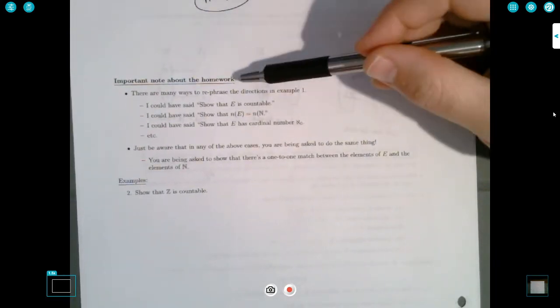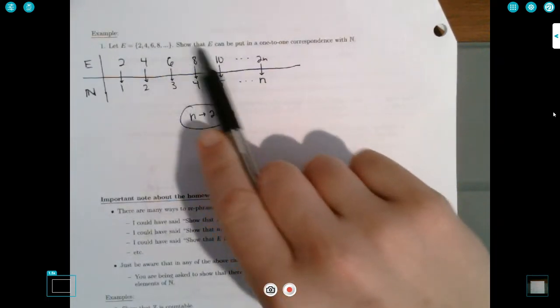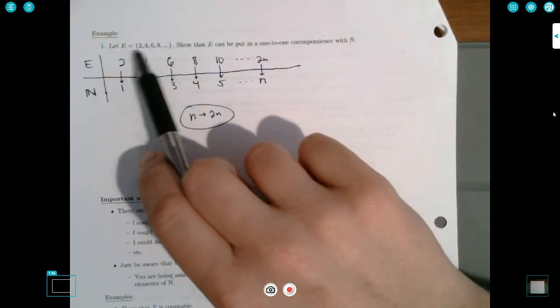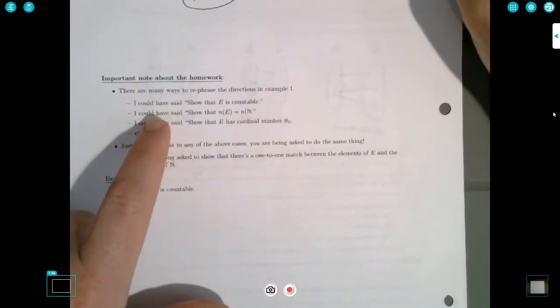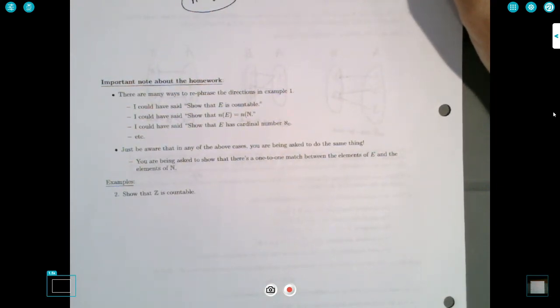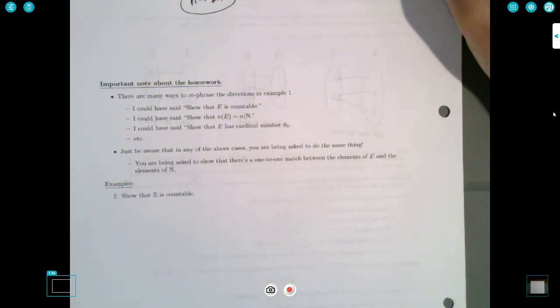Another thing that I'll point out, and this has to do with your homework. In this example, I phrased the problem by saying show that this set can be put into a one-to-one correspondence with this set. But there are a lot of ways that I could have said the same thing. I could have said show that E is countable, right? Because what does it mean to be countable? To be countable means that either the set is finite or its cardinality is aleph null.